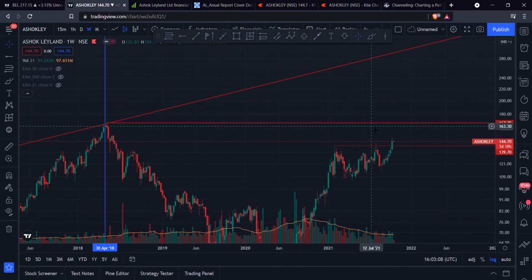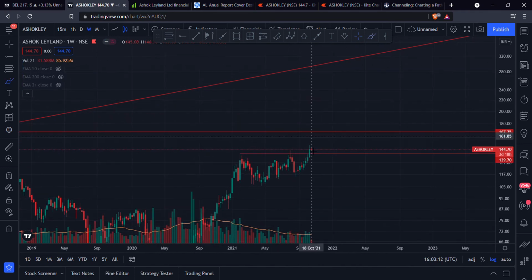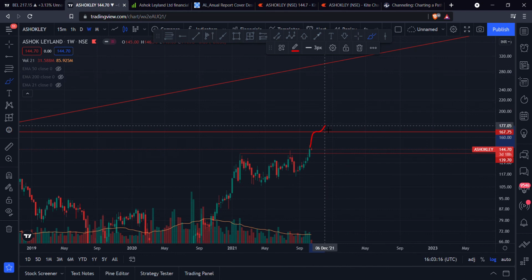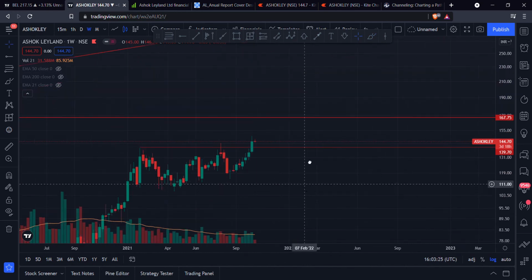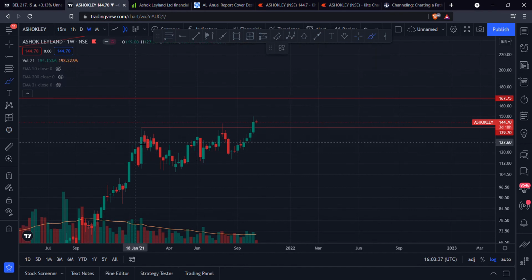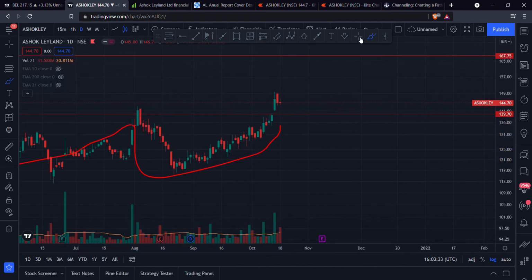The stock is also performing well, and this is the previous all-time high level of 167. And once it crosses this level and the sales start to pick up and the financials get better, it can easily reach the channel top, as you can see here. So right now it gave the cup and handle breakout on the weekly chart, and let's go down to the daily chart, and it's just consolidating for the last 2-3 days.